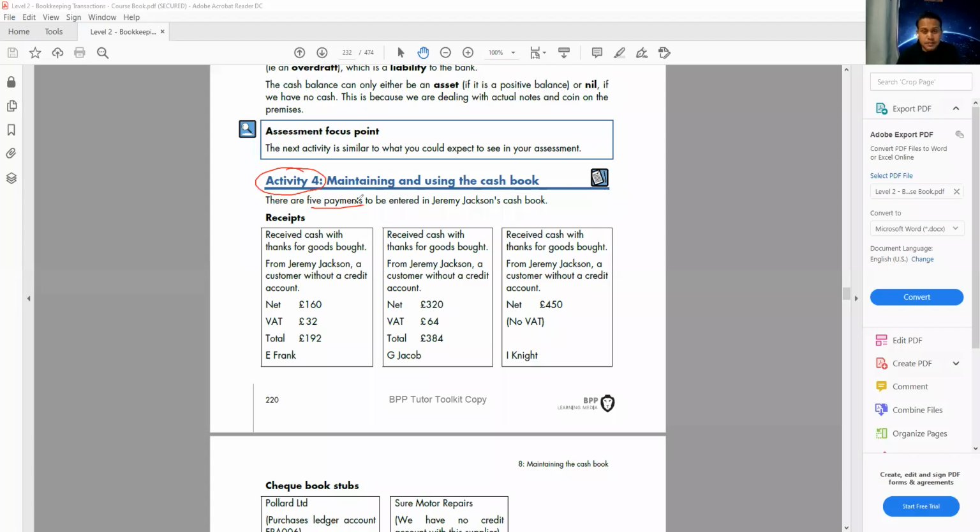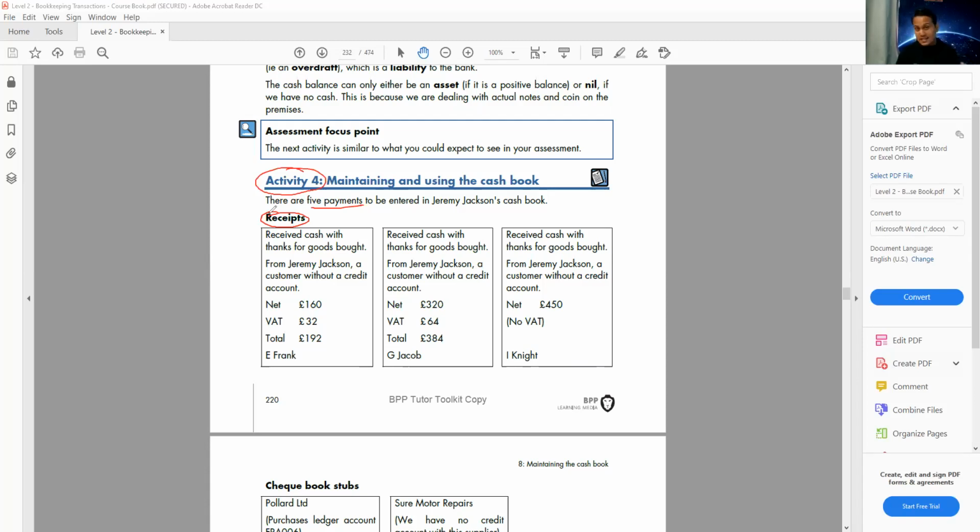We know it. Now we can see there is a receipt. This means a receipt, not received. When you pay a supplier or a seller, they give you a small paper, the receipt.